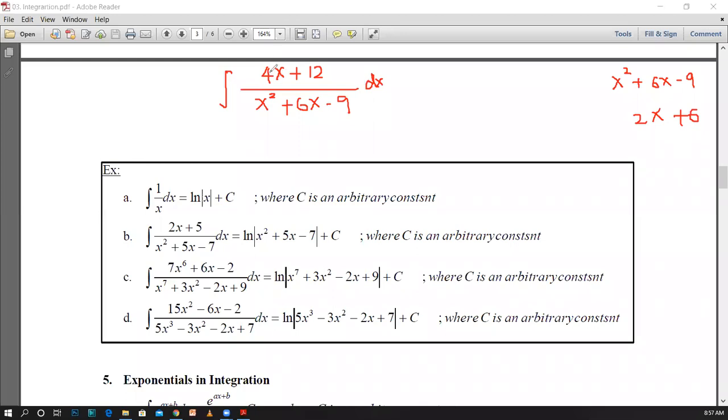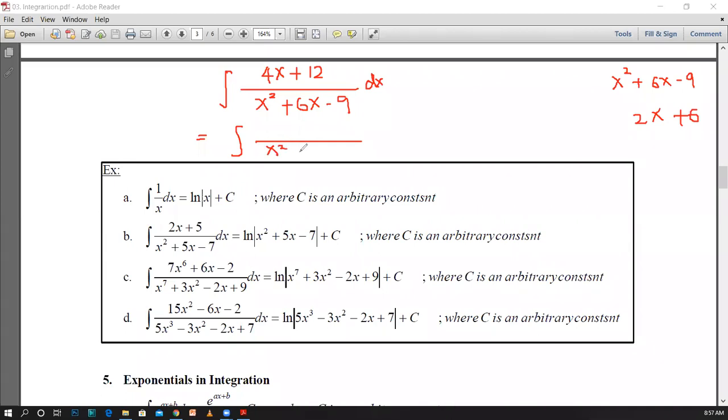Even though you can take this 4 out of this calculation, we are not going to do it, because it does not add any worth to the calculation. Therefore, we will try to make this 2x plus 6 in the numerator of this calculation. So what you can do is simply take 2 out of this.